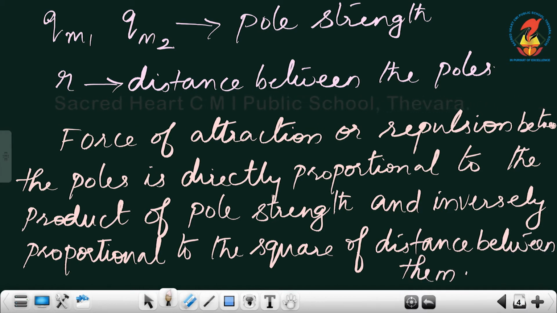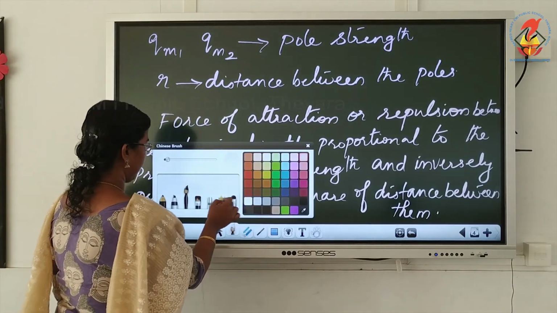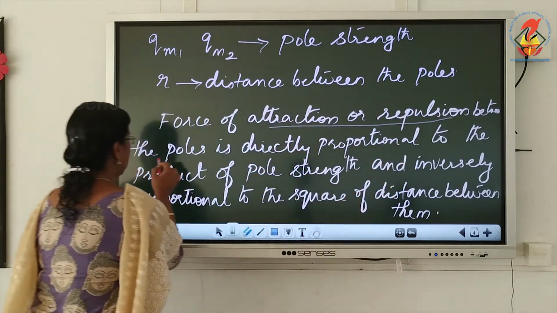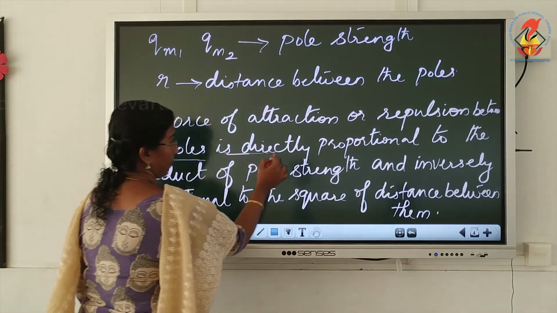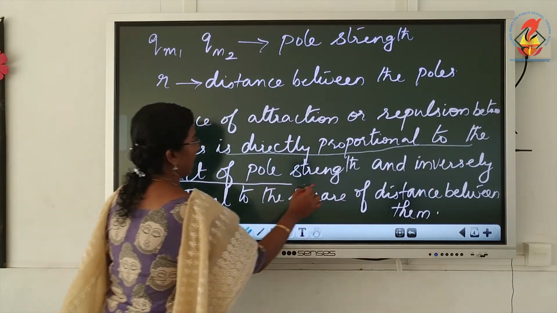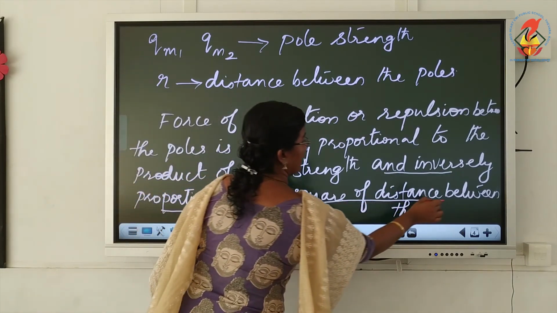So, according to Coulomb's law of magnetism, the force of attraction or repulsion between the poles is directly proportional to the product of their pole strength and inversely proportional to the square of distance between them.